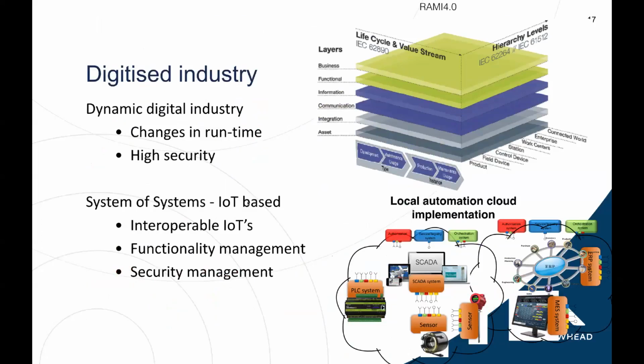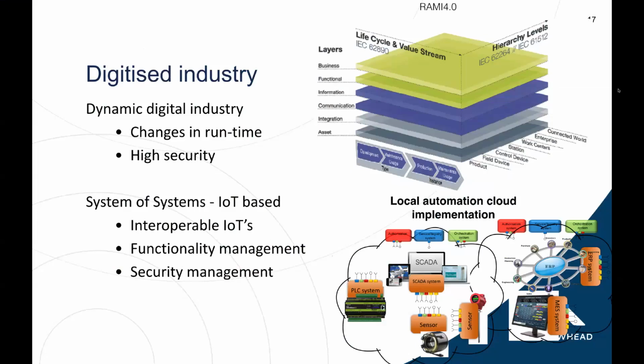If we look at these new architectures, the digitalized industry, we are looking forward to a dynamic digital industry, where we can make changes to the production and to the automation system in runtime, and where we also are exposed to messages we need to communicate with other players, other stakeholders, and that will require a lot of security thinking as well.